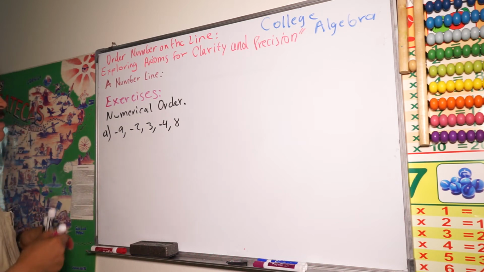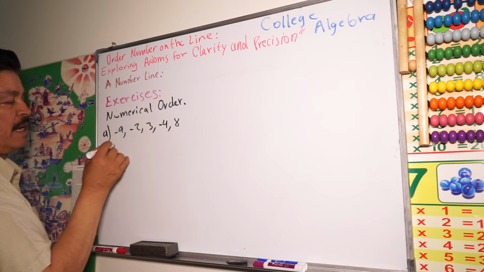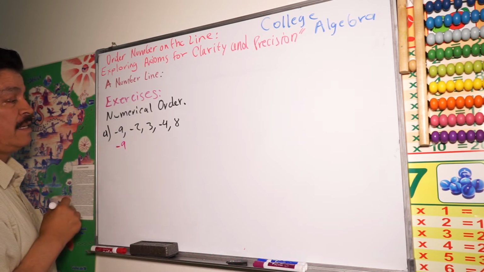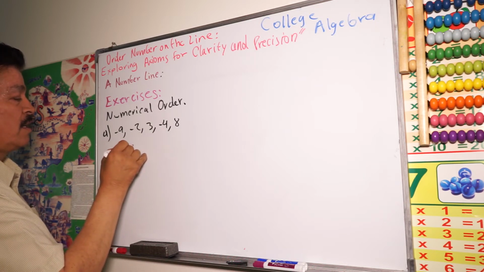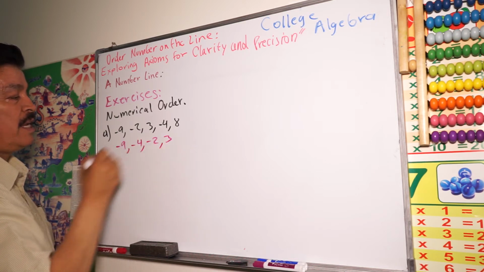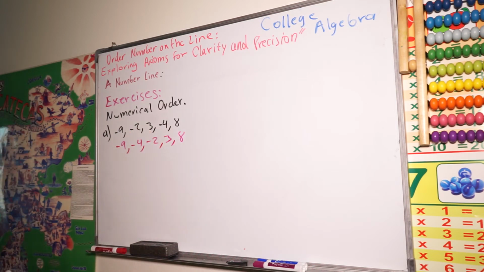In this case, the negative numbers are to the left, and the smallest is negative 9, right? And then we have negative 4, then negative 2, then positive 3, and then 8, right? So that's the numerical order.